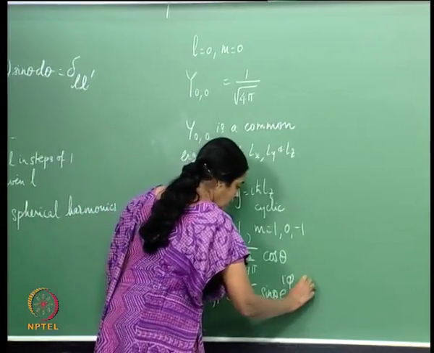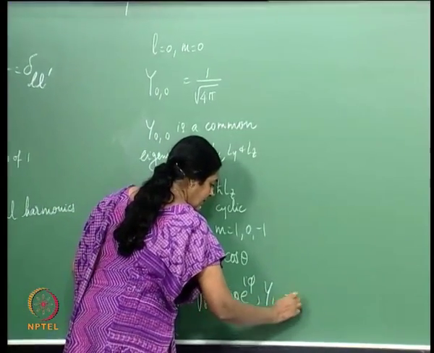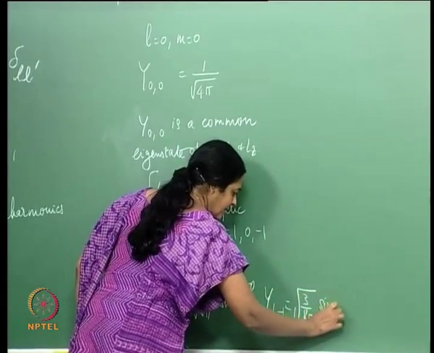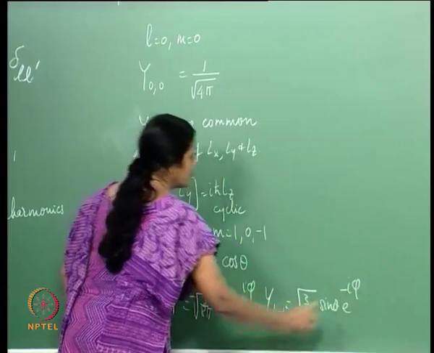If you look at Y1 minus 1, that is root of 3 by 8 pi sin theta e to the minus i phi.